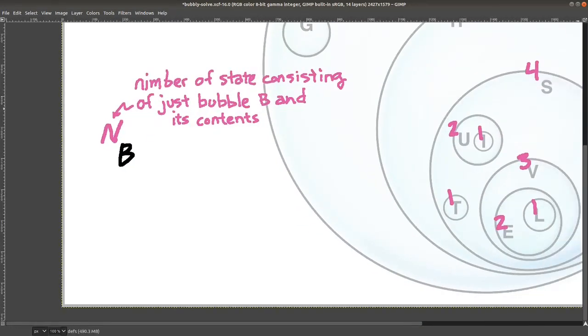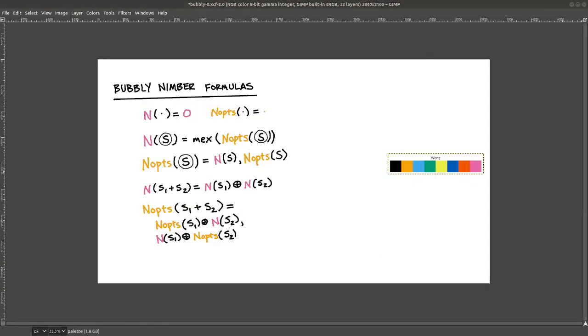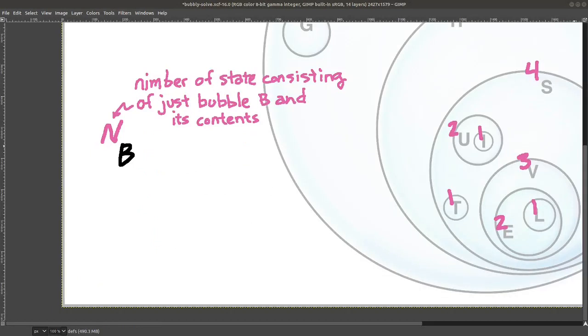So for that, we'll use a different color. All right, I haven't used this light blue yet. And let's put this at the bottom left. Call this P. And here's what we mean by the blue number.